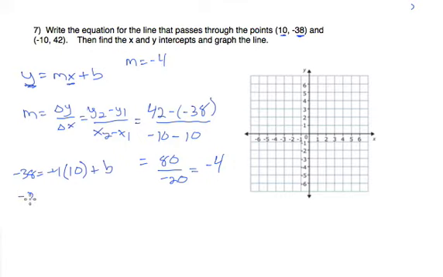So simplify this. Negative 38 equals negative 40 plus b. And what is negative 40 plus what is negative 38? It's not hard to see that b is positive 2, or just 2. So now we have the equation of our line. Y equals negative 4x plus 2.